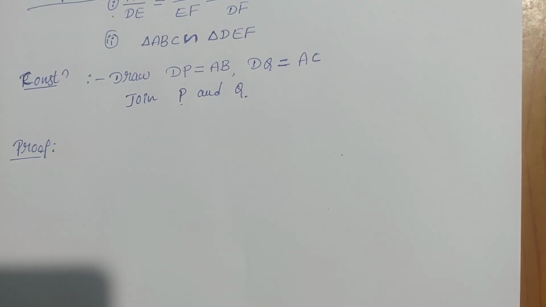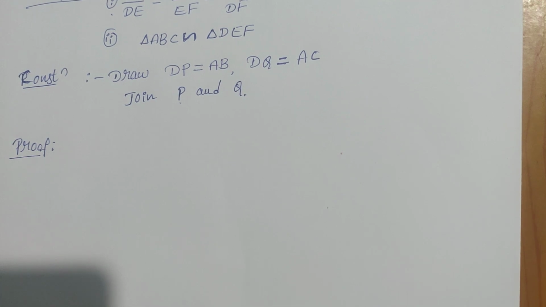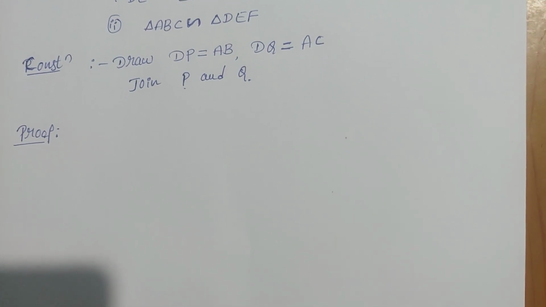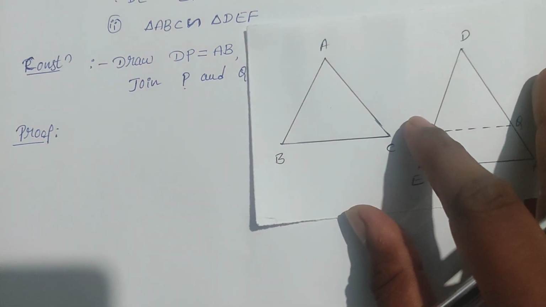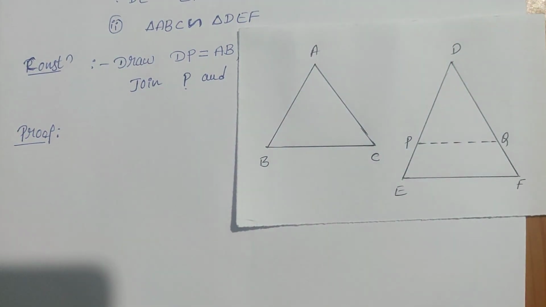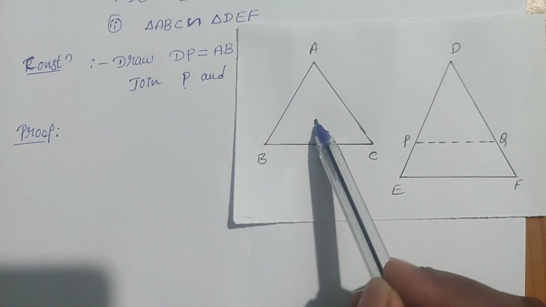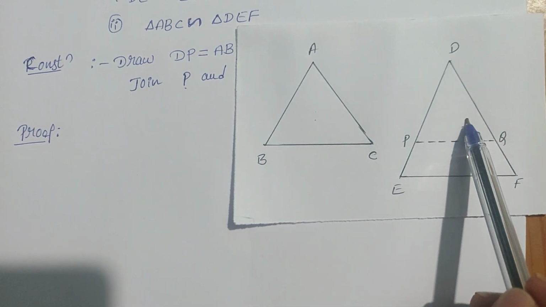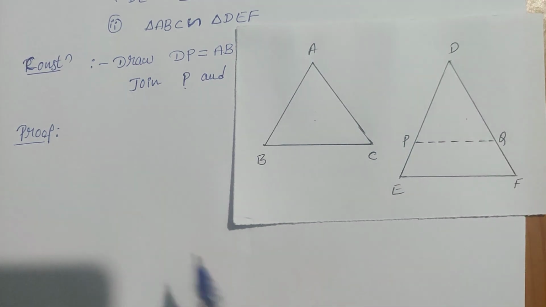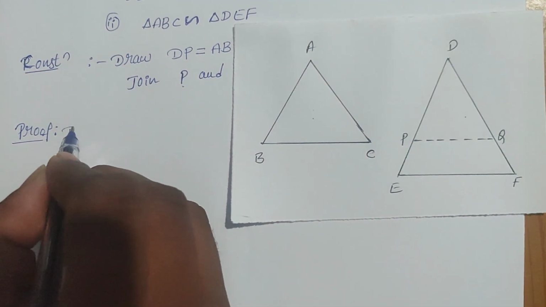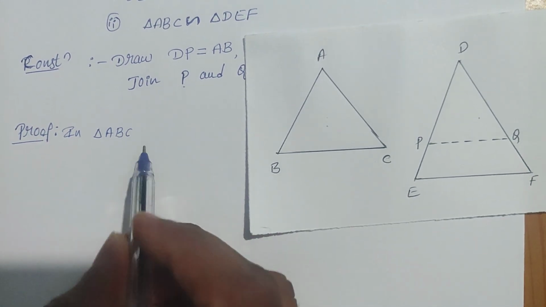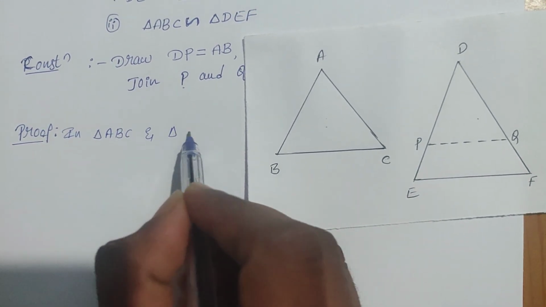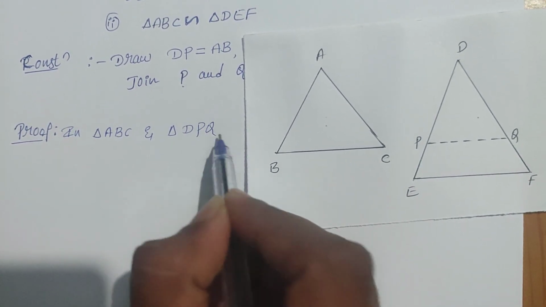Now the next step is proof. Now consider, I have drawn the figure here. Just observe the figure. We have to consider triangle ABC and the newly formed triangle DPQ. We will consider these two triangles, that is, in triangle ABC and triangle DPQ.